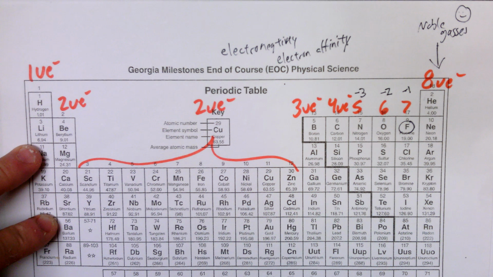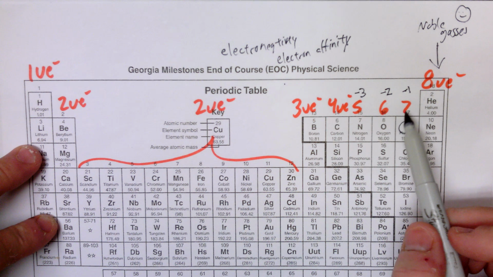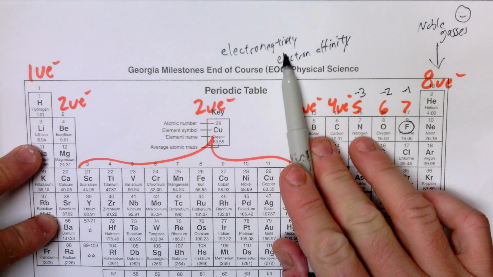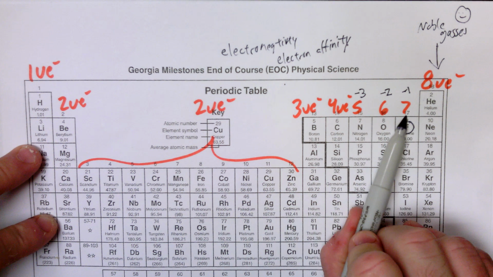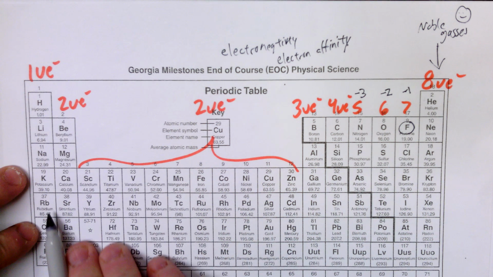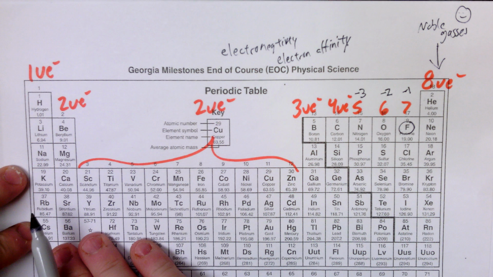Besides, who are you going to take electrons from? Oh, I could take 7 from fluorine, right? But remember, fluorine doesn't give up electrons. It has a very high electronegativity. Fluorine holds electrons very tightly. We know the elements over here do not hold their electrons very tightly. These are the ones that will give them up pretty easily.